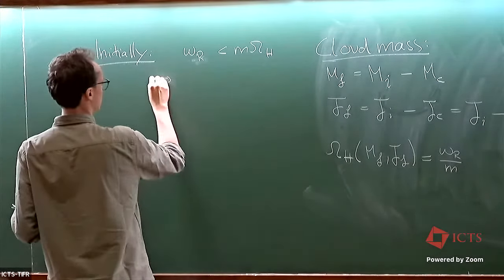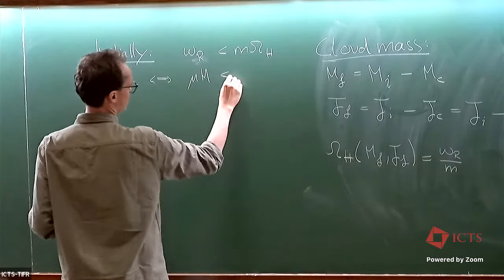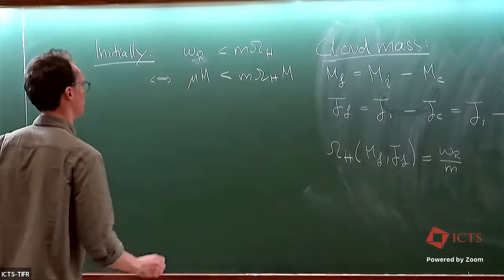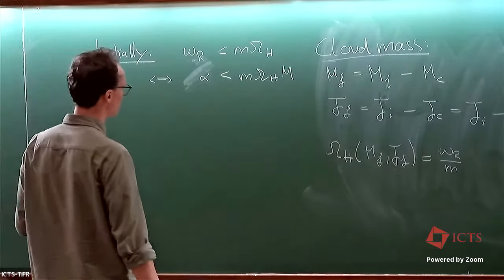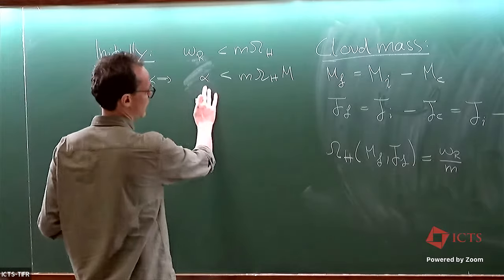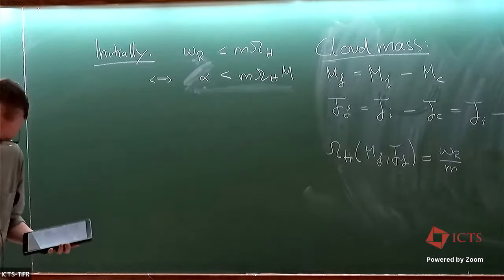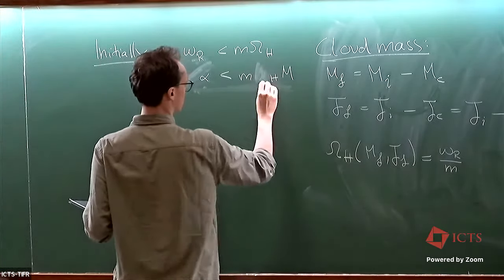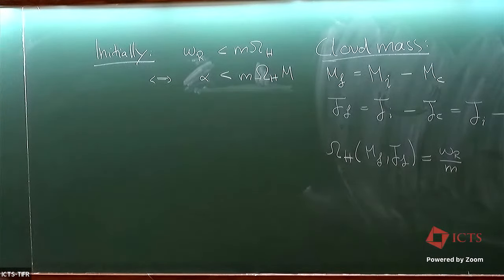So this is roughly equivalent to mu m smaller than omega h, and this is just alpha. So initially, this alpha satisfies this condition in such a way that it is superradiantly unstable. But over time, this omega h reduces because the mass and angular momentum of the background black hole reduce.